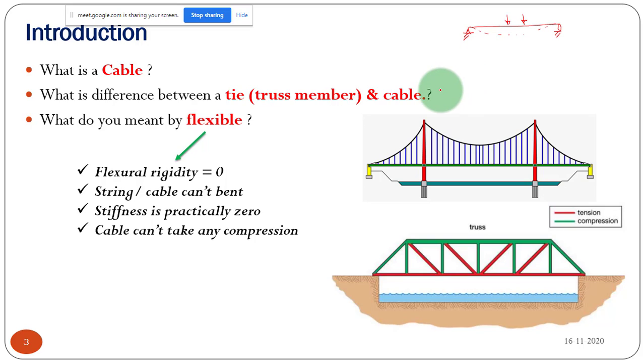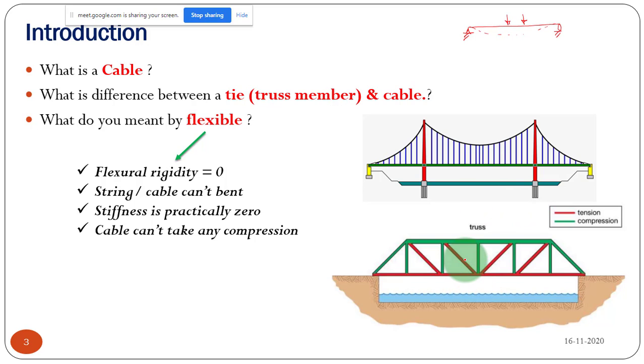Both are experiencing only tensile force, but how do we distinguish between these two? We can say in terms of stiffness or flexural flexibility. The cables are very flexible structural members, but the tie member is just a rigid bar. It is not flexible as in the case of a cable.